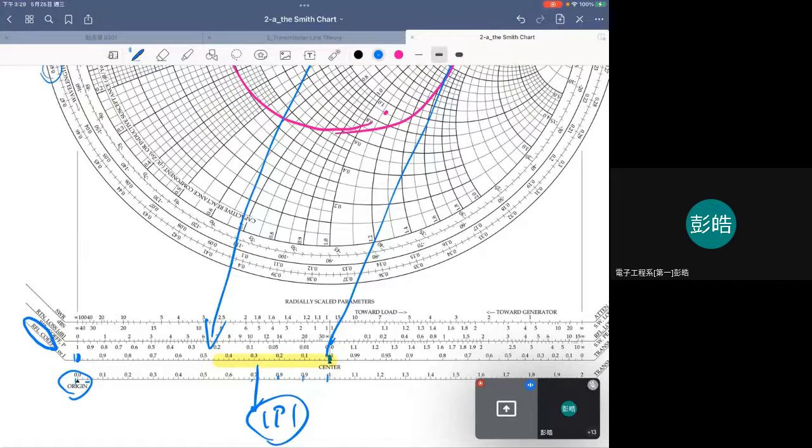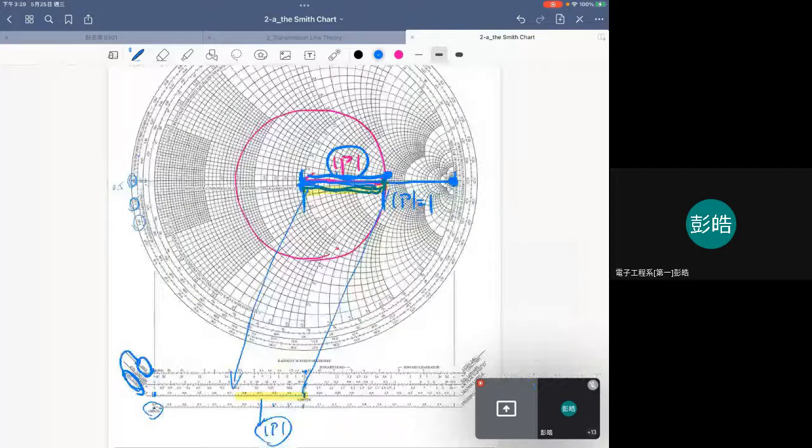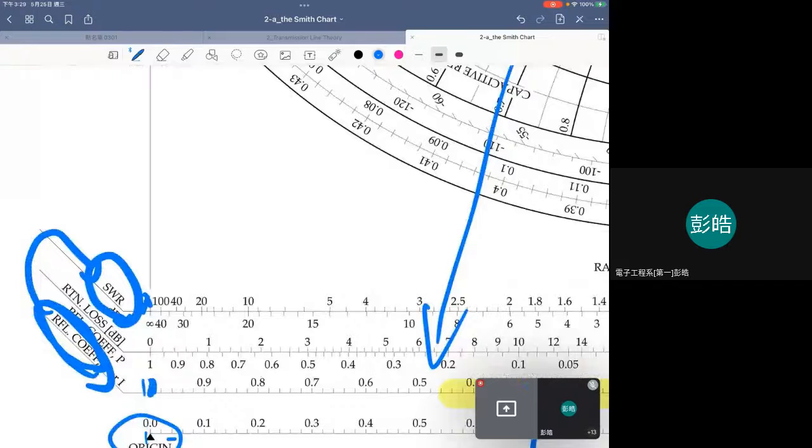And after you have the reflection coefficient, you can also obtain your SWR. This is what we learned, and this is the scale. Also, if you want to know the reflection coefficient in dB, you can see this line.